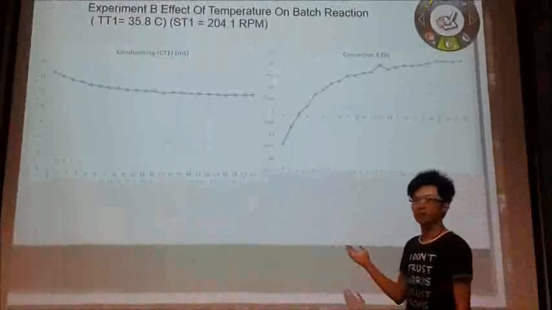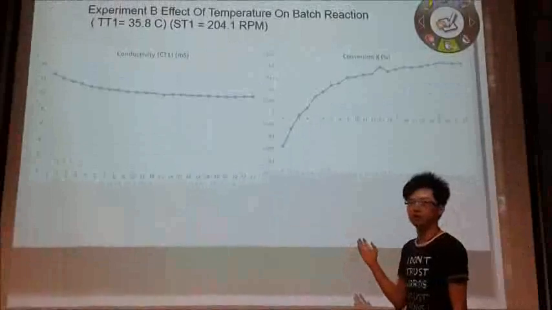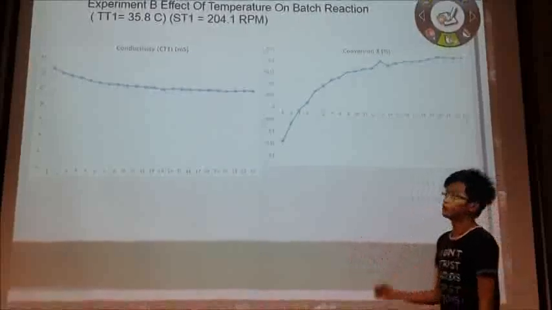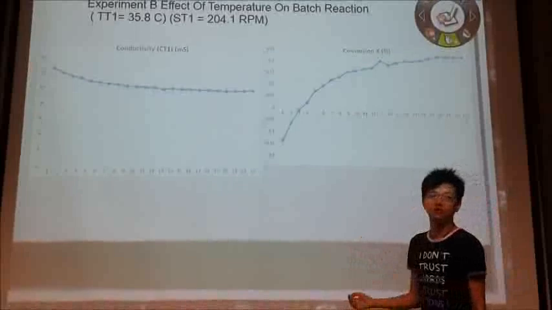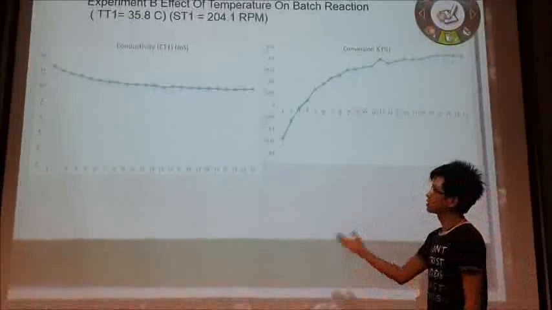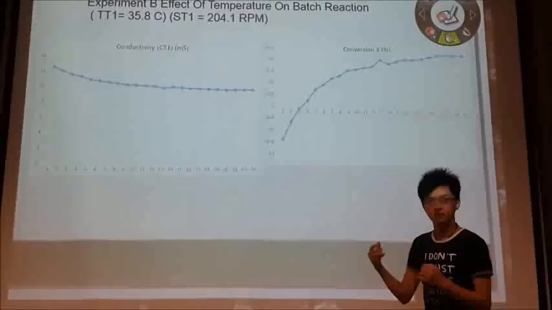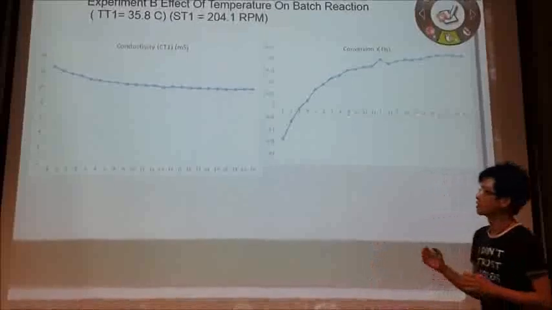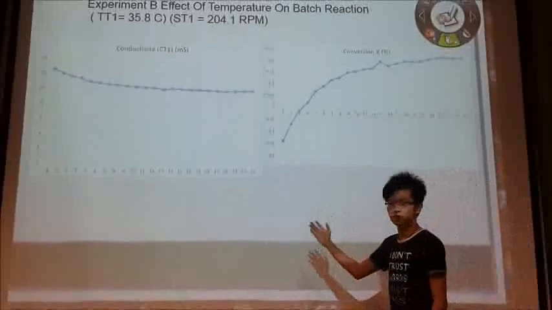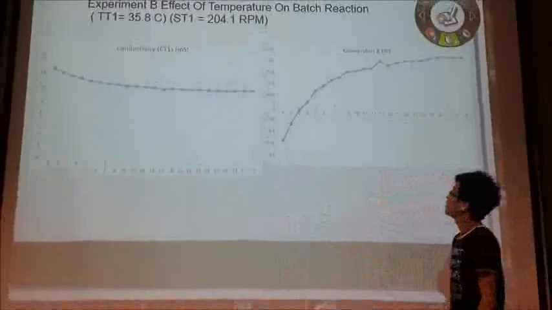So this is part B of our experiment. In this experiment, the temperature is adjusted to 35.8 degrees Celsius, while the rotation is adjusted to 204.1 RPM. The temperature is higher than the previous experiment, and the conductivity obviously takes a shorter time to become stable.